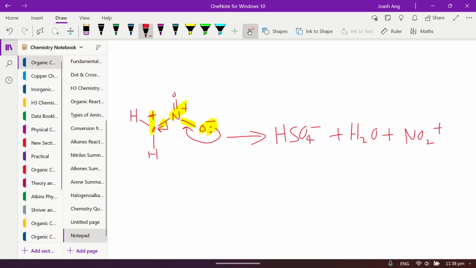Okay, and that is not all, because your concentrated H2SO4 is a very, very strong acid. So this water molecule will then end up being protonated by the concentrated sulfuric acid.